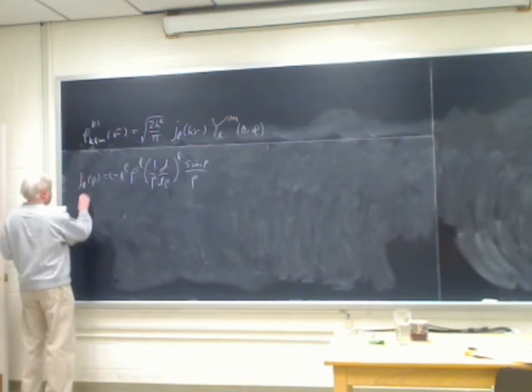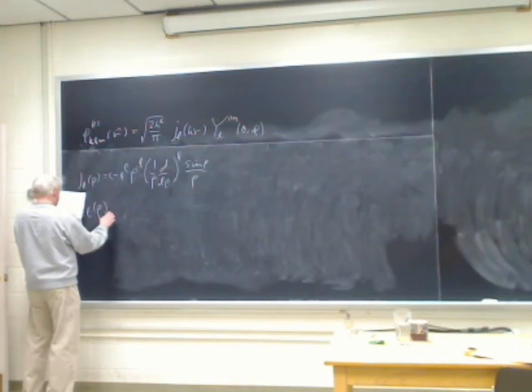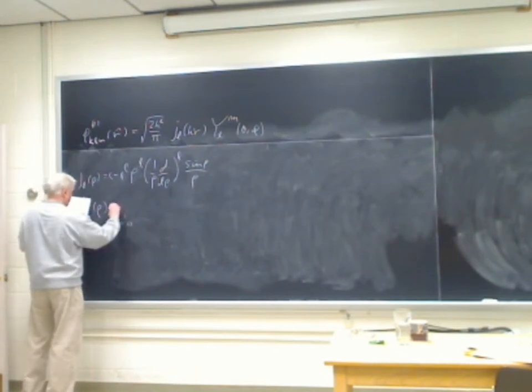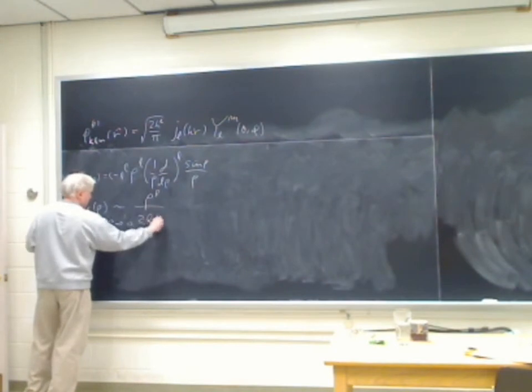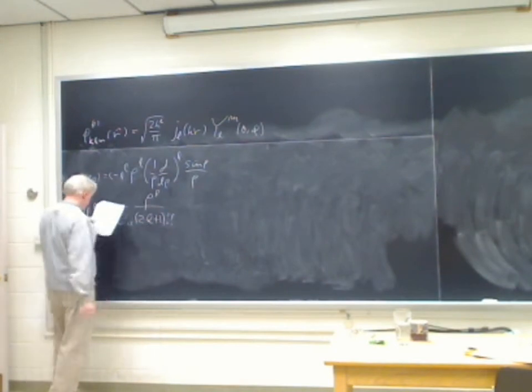The behavior of j_l of rho as rho goes to 0 is something like rho^l over (2l+1) double factorial.